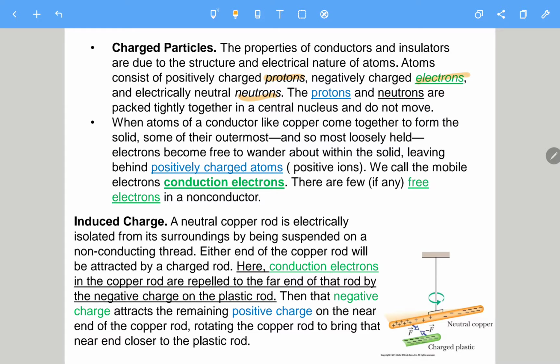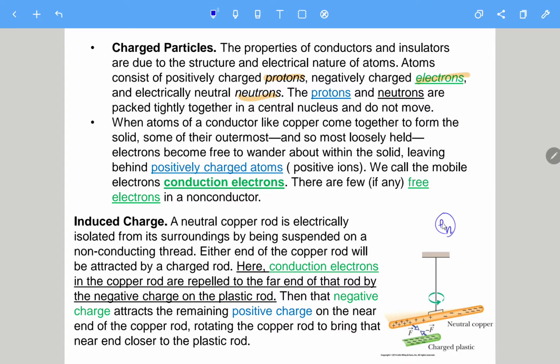In high school chemistry class, you already learned about an atom, maybe a hydrogen atom, or a larger one. You have protons and neutrons in between, and this is called the nucleus.